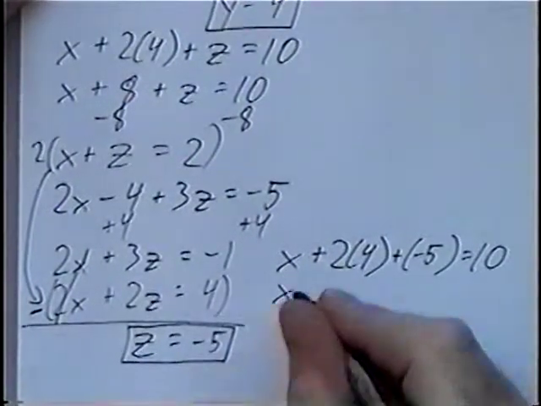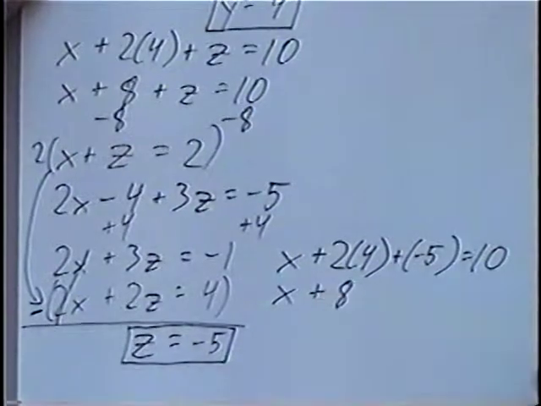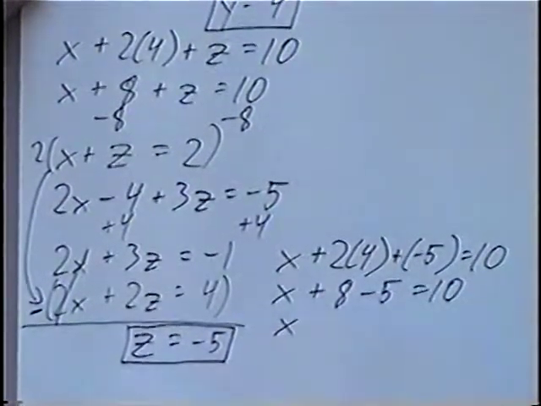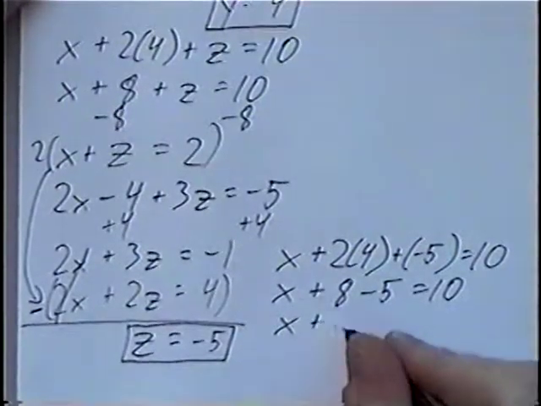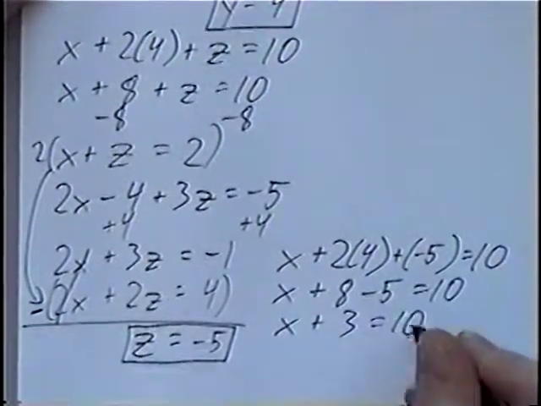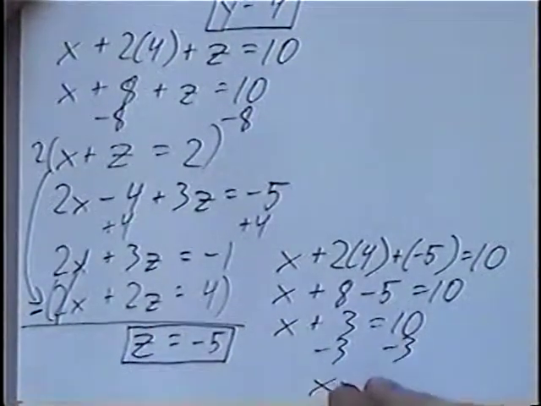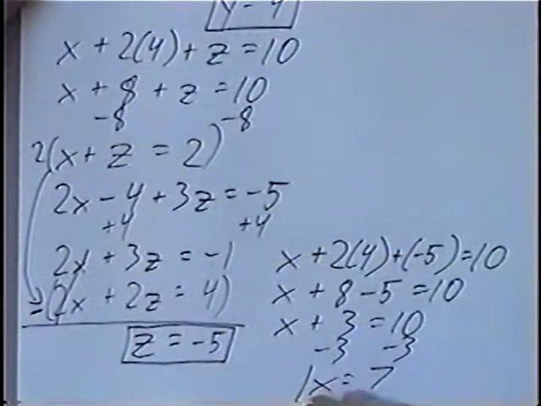Solving from here, x plus 8 minus 5 equals 10, or 8 minus 5 would be x plus 3 equals 10, and subtracting 3 on both sides, we'll get our final answer, x equals 7.